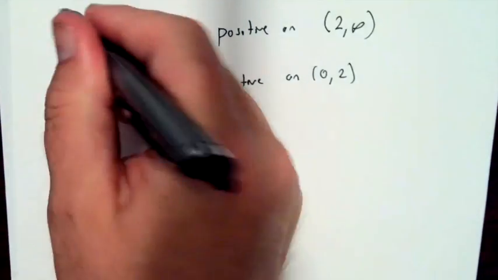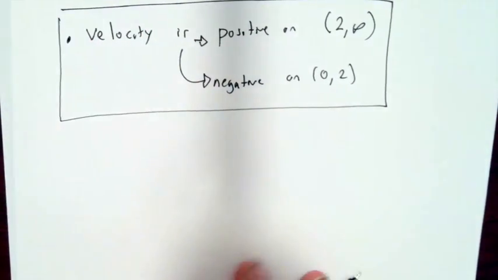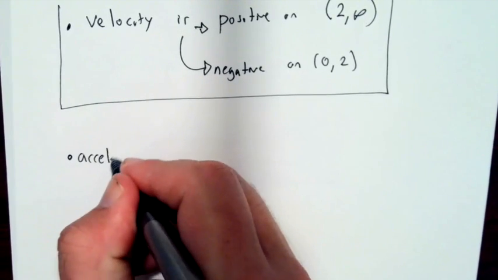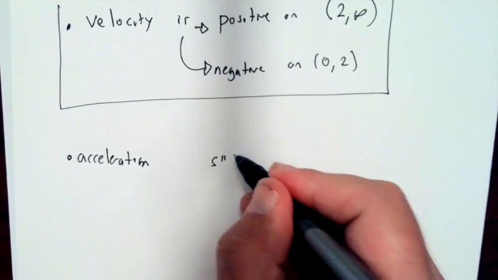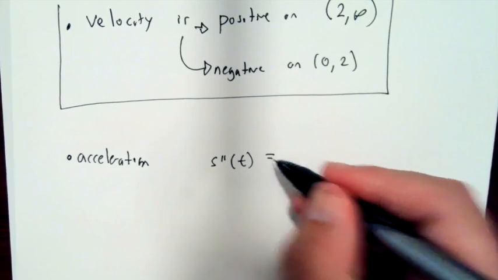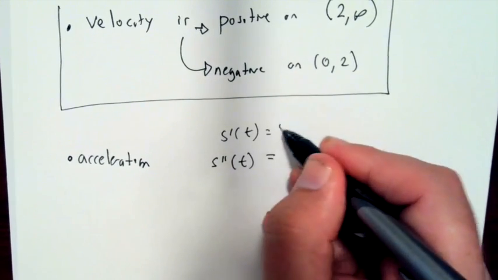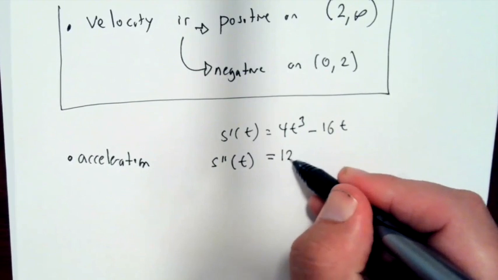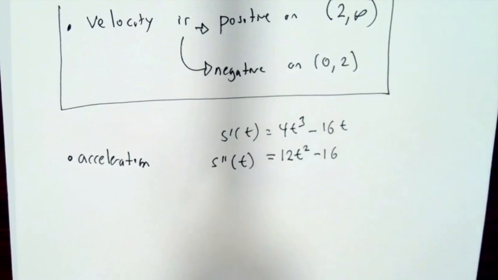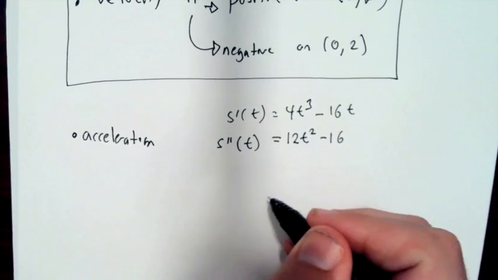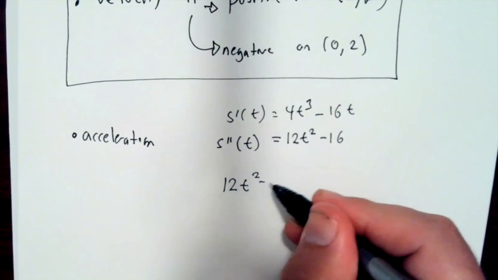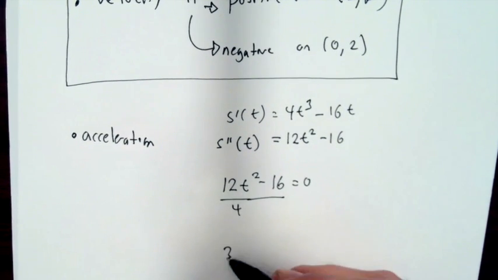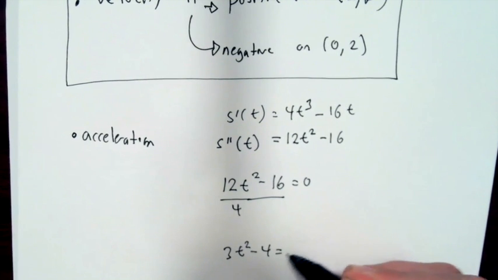Now I also need to figure out this information for the acceleration. So the acceleration would be s double prime of t. I know s prime of t is 4t cubed minus 16t, so s double prime of t will be 12t squared minus 16. I'm going to solve this for 0 so that I can figure out where it's positive or negative. I can divide through by 4 to make this 3t squared minus 4 equals 0.